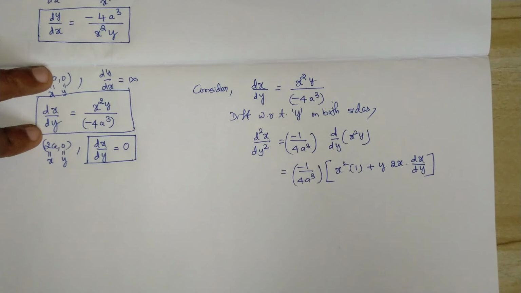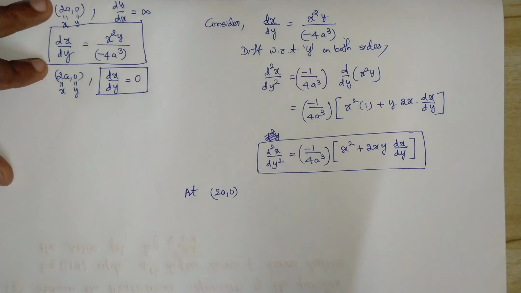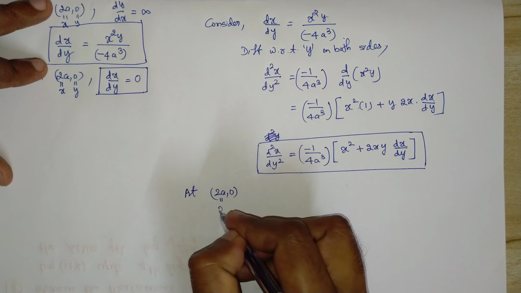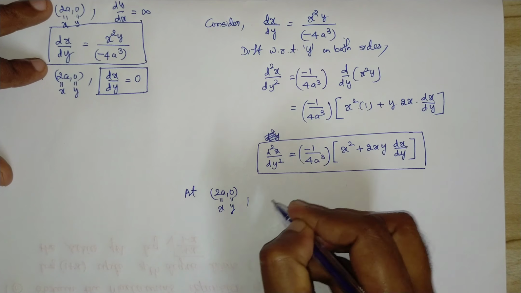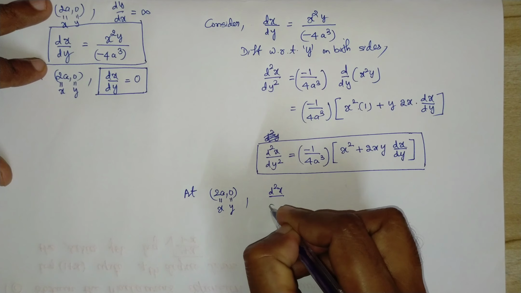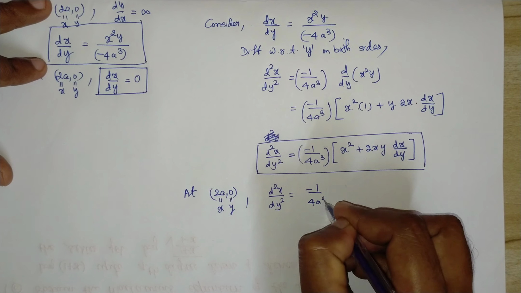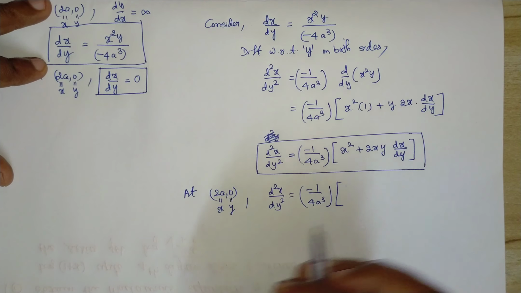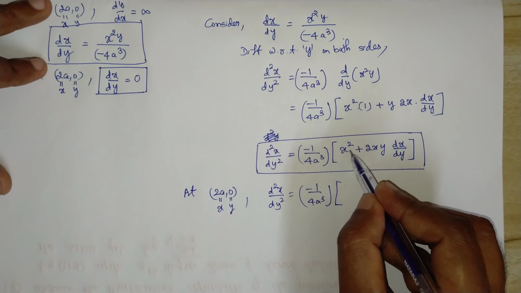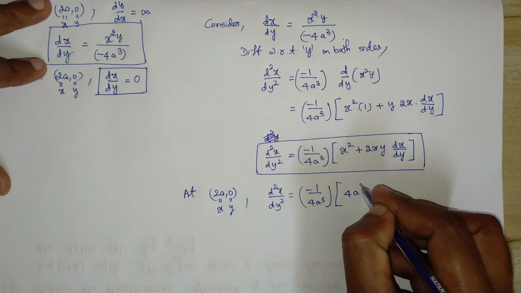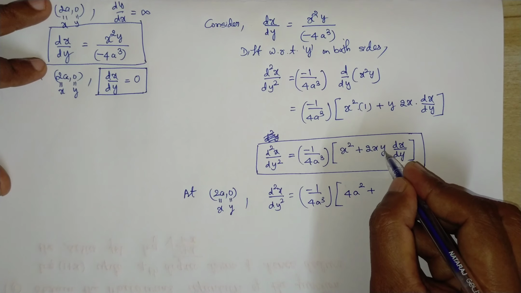So at 2a comma 0, that means we have to substitute x equals 2a and y equals 0. So d square x by dy square will be minus 1 by 4a cube, and we substitute y equal to 0 and x equals 2a. So x square, 2a whole square is 4a square, plus y is there, and 0 into anything is 0.